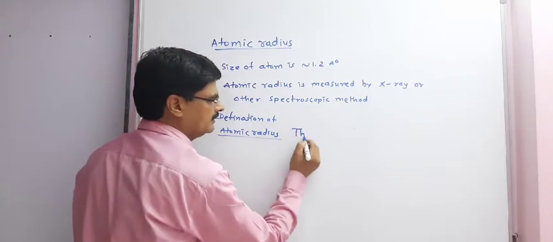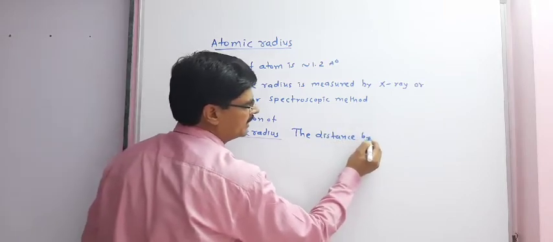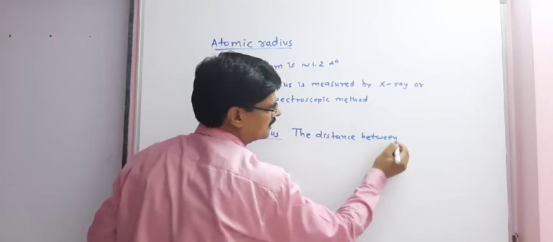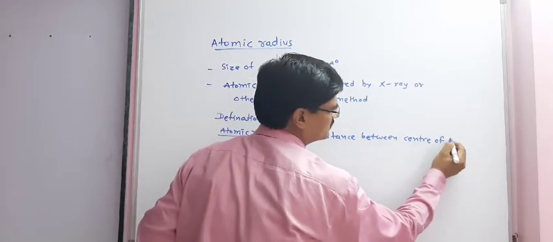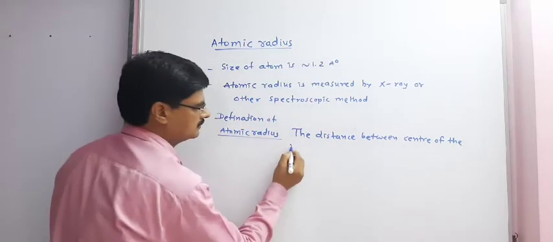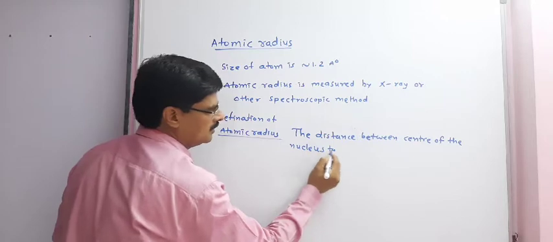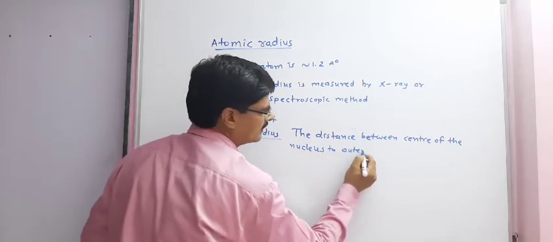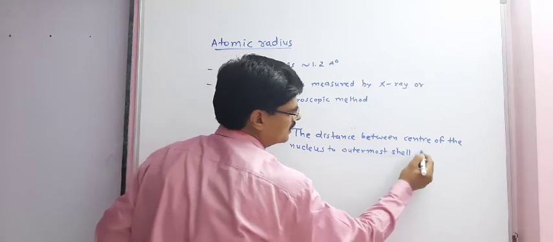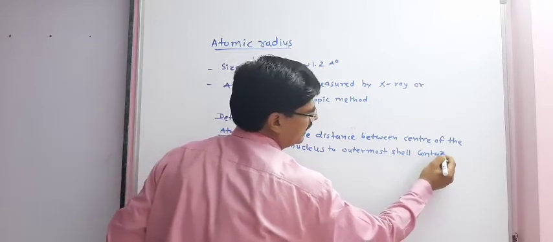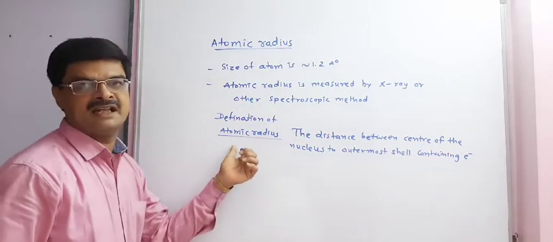We can say the distance between the center of the nucleus to the outermost shell containing electron is known as atomic radius.